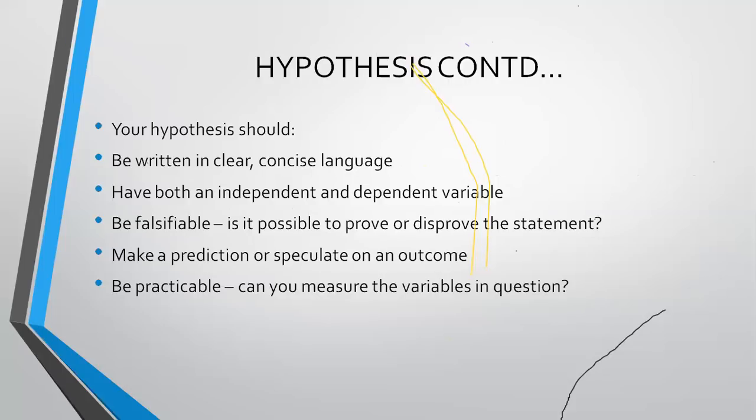I know you have come across researches where they say, okay, there will be no significant difference in the relationship between one variable and another variable. That is a null hypothesis. A null hypothesis says that there will be no statistical significance between two variables in the hypothesis, and it is usually the hypothesis the researcher will try to disprove or discredit.